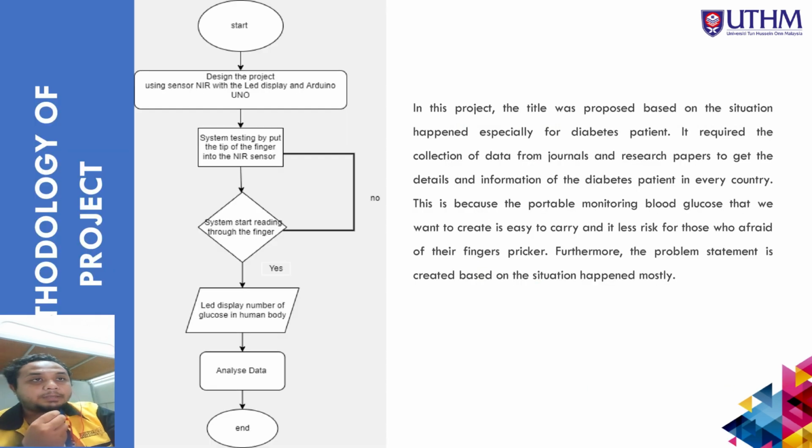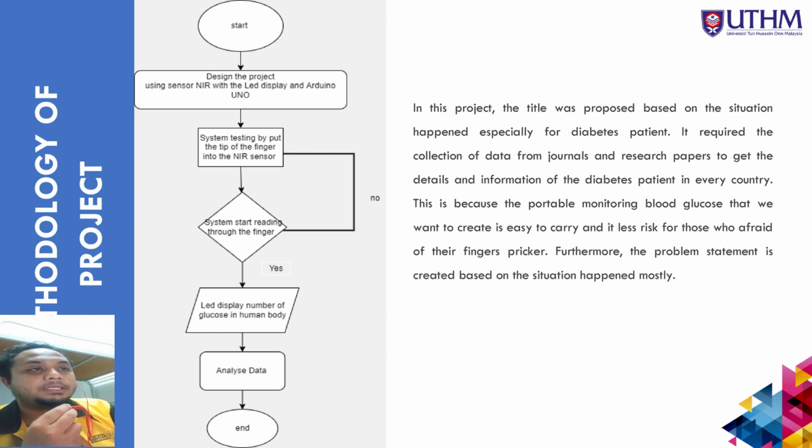So this is the methodology for the project. First we start, then design the project using the IR sensor with the LCD display and Arduino Uno. The next is system testing by putting the tip of the finger into the NIR sensor. After that, the system starts reading through the finger.